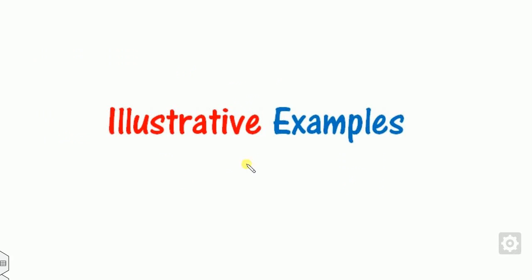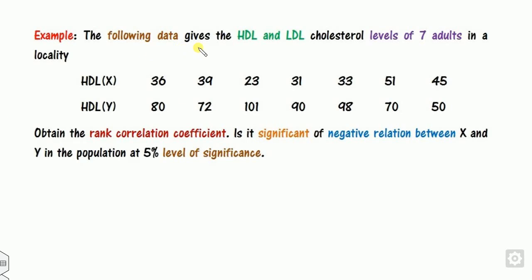So let's explain this procedure with the help of a numerical example. Consider the following information given about the cholesterol levels of 7 adult localities. X and Y are there. Obtain the rank correlation coefficient and check whether there is any significance of the negative relation between X and Y. So you have to firstly define H0 and H1.